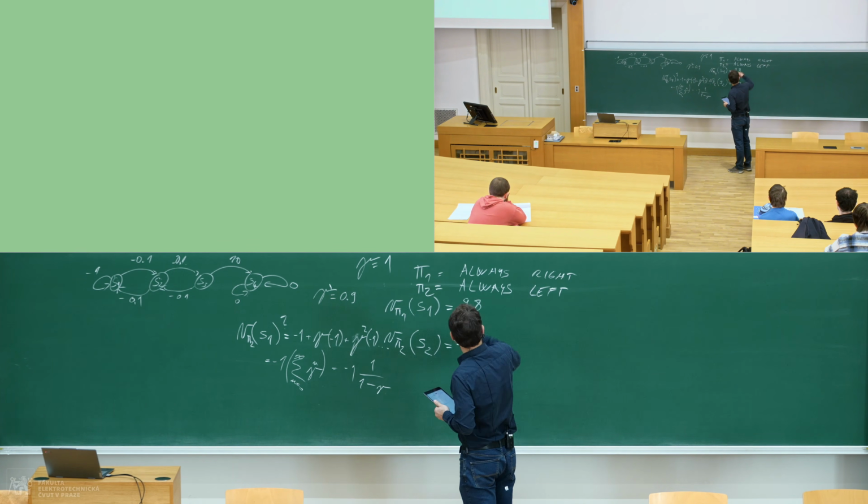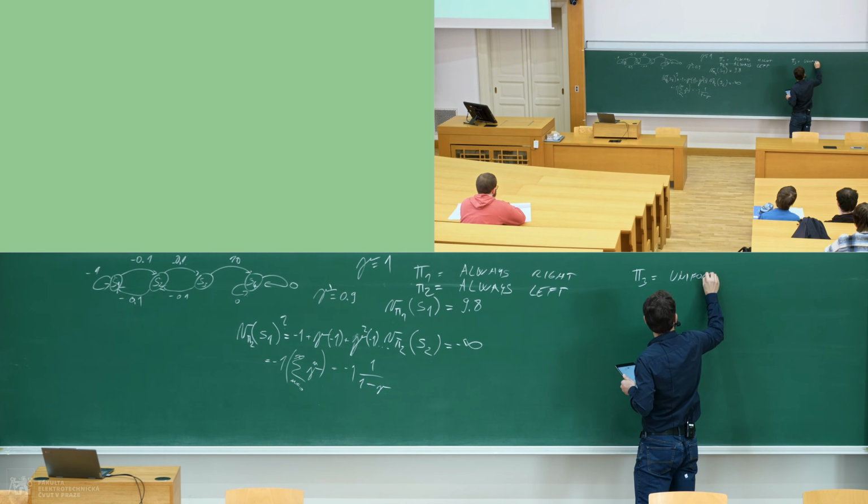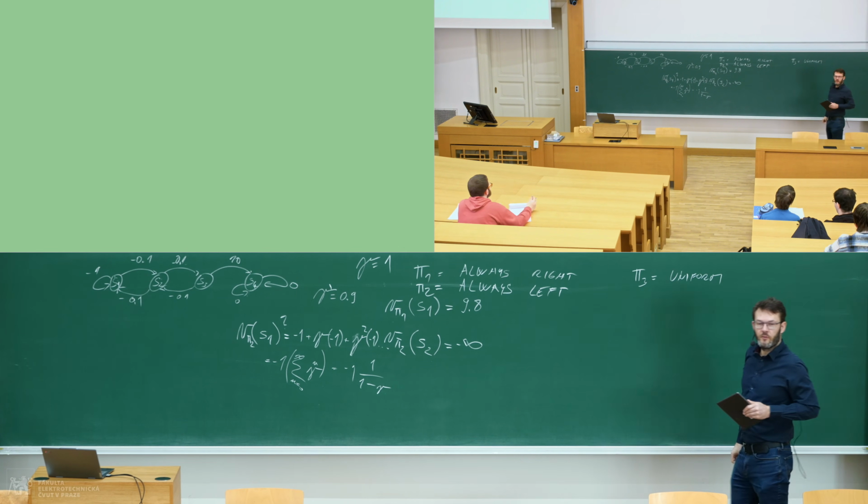Okay, but these are simple deterministic policies. What about the policy pi3, which is uniform left and right? What will be the value function?